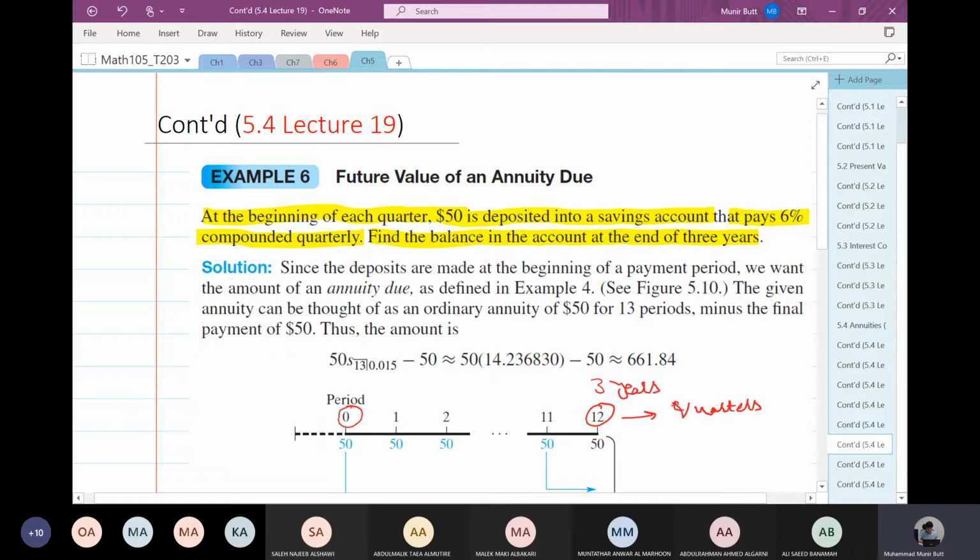Now he asks us to find the balance in the account at the end of 3 years. If we use the formula of the sum, what was the amount? The future sum was R into S n angle R. This was the sum.